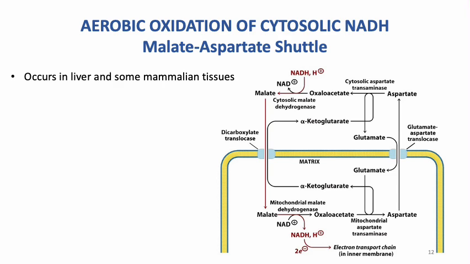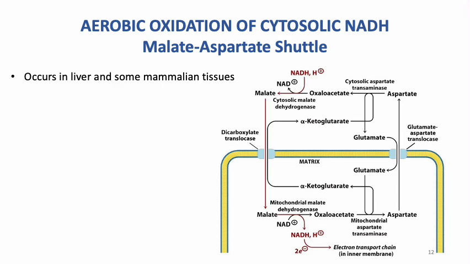Now, for this shuttle to continue, we need to export the oxaloacetate from the matrix to the cytosol again. There is no carrier in the inner mitochondrial membrane for oxaloacetate. So how is that done? This is done by a transamination reaction where oxaloacetate will be converted to the amino acid aspartate through a transaminase enzyme.